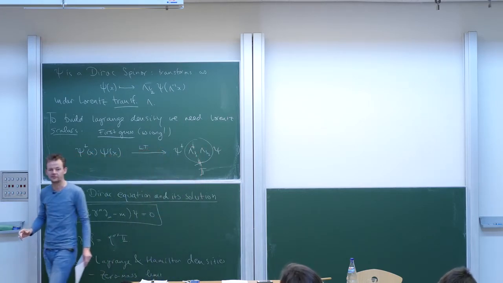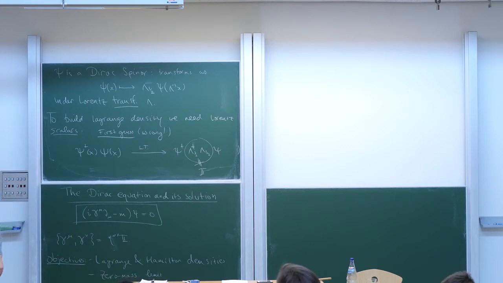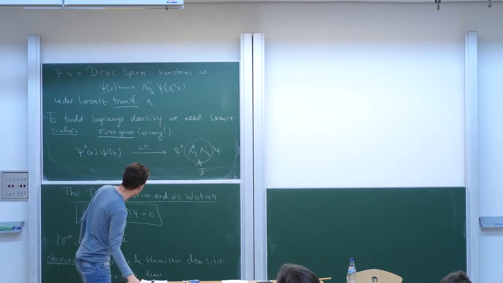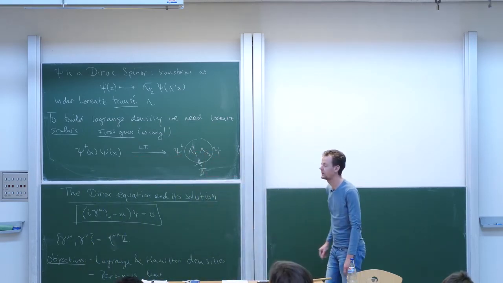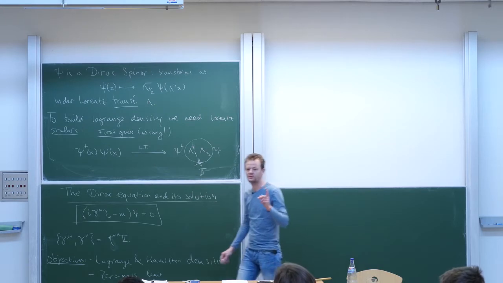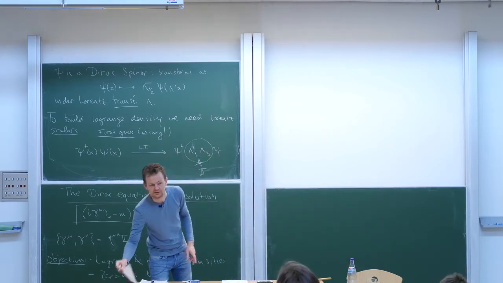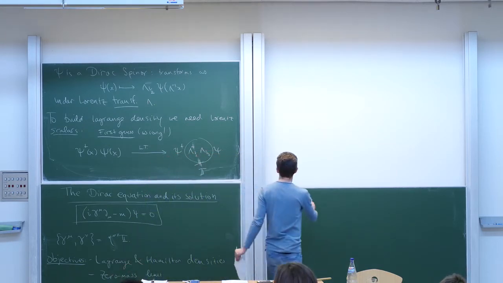So this is a failure. This thing here is not a Lorentz scalar because in a different reference frame, it doesn't have the same form. This is slightly bad news for guessing Lagrange densities. But it turns out there is a quantity that you can build that is a Lorentz scalar.